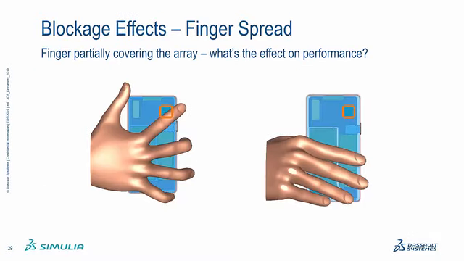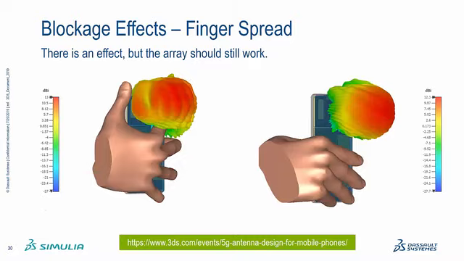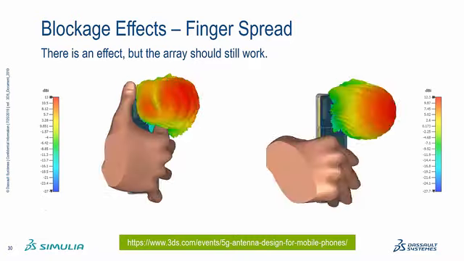Just focusing on the hand briefly, one of the things that being able to simulate at high accuracy with a human body makes possible is to look, for example, at what is the effect if a user is holding a phone in a certain way, is that going to be prohibitive? So is it going to have an effect on the radiation pattern? In this case, on the left, we're blocking the antenna slightly, but it's still radiating quite well.